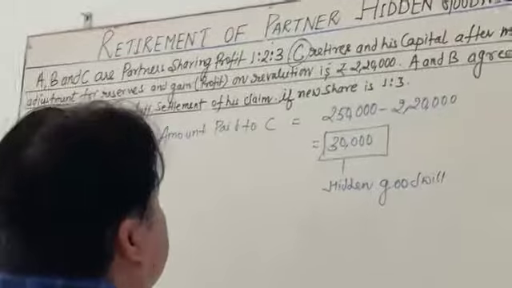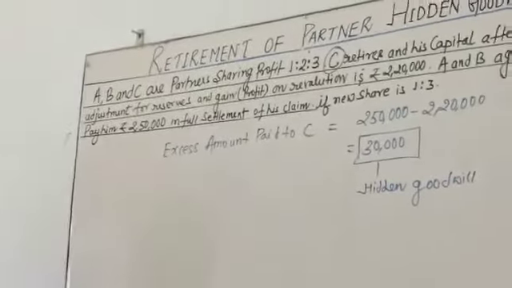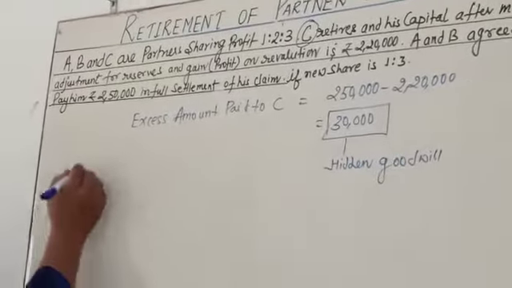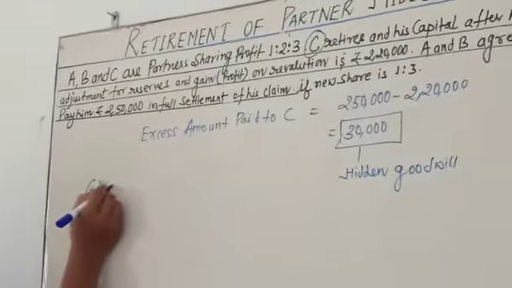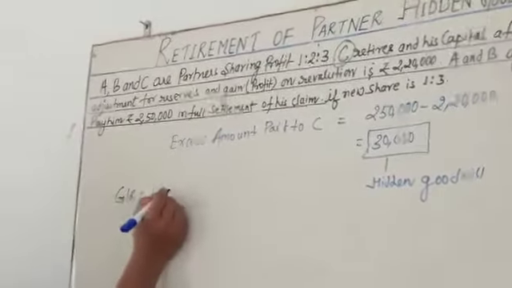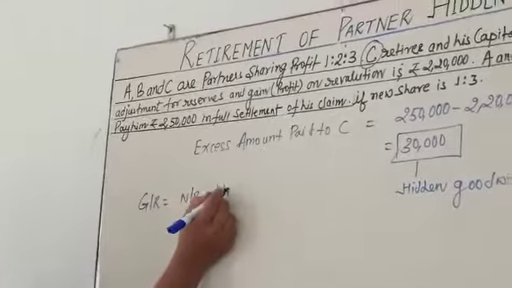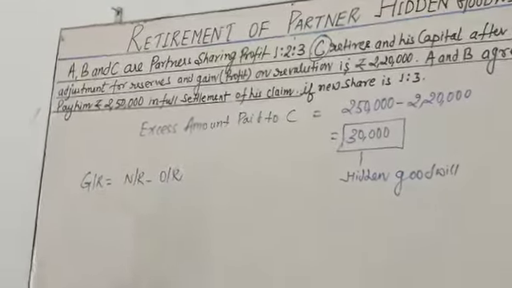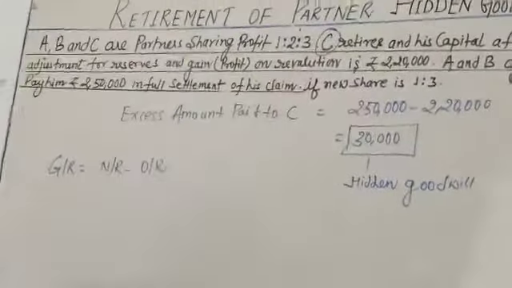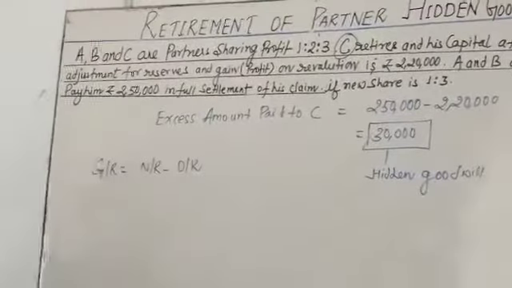Now your next task is to calculate the gaining ratio. You already know the gaining ratio formula: new ratio minus old ratio. In this question, A and B are the existing partners.